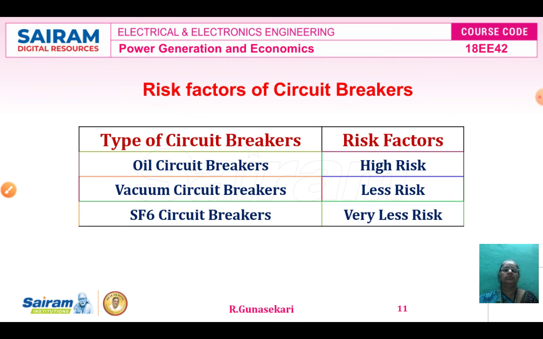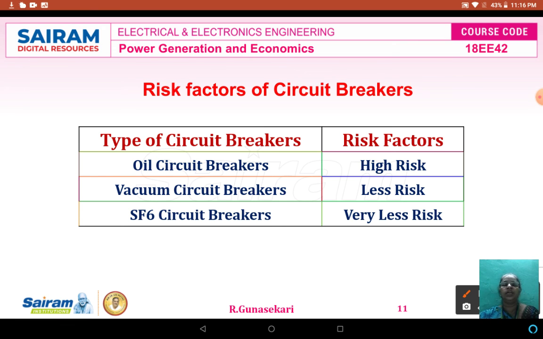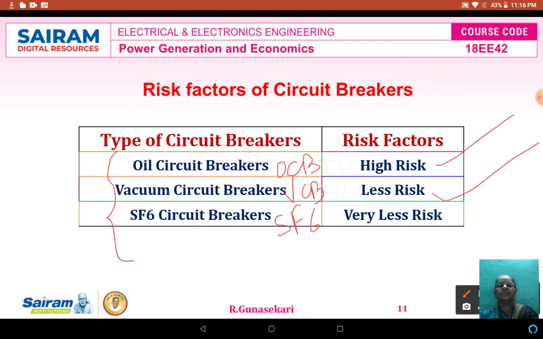Now we can study the risk factors of all the circuit breakers. Now you see the types of circuit breaker: the oil circuit breaker, OCB, the vacuum circuit breaker, VCB, and the SF6 circuit breaker. Three circuit breakers we are taking. What is the risk factor? The oil circuit breaker means high risk, the vacuum circuit breaker means less risk, and the SF6 circuit breaker means very less risk.